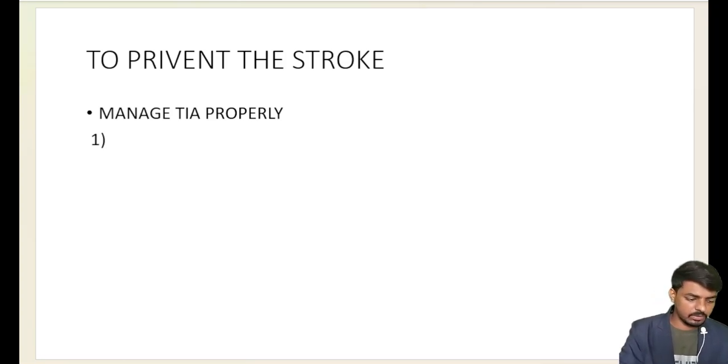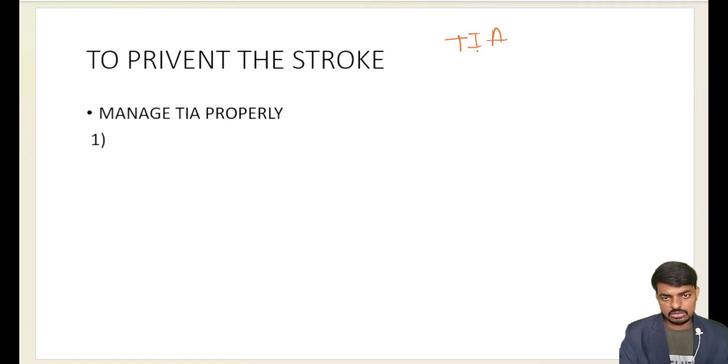So here is the first one: to prevent the stroke. I told you in the last class what the warning sign of stroke is, that is the transient ischemic attack. When this attack occurs due to reversible causes for a short duration, we need to be alert.